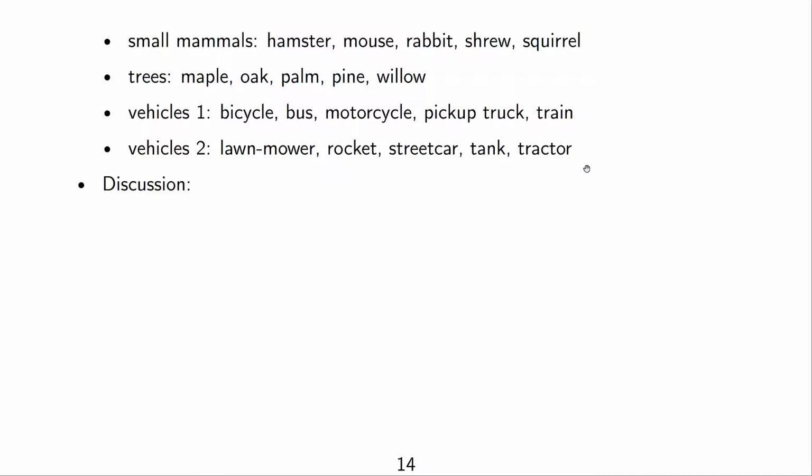And here, the idea is that the superclasses should group objects that are similar to each other, and you would hope that objects in one superclass are more similar to each other than an object from one superclass would be to an object in another superclass. But maybe here it might be difficult, like the lawnmower, maybe that is more similar, I don't know, to a bicycle.